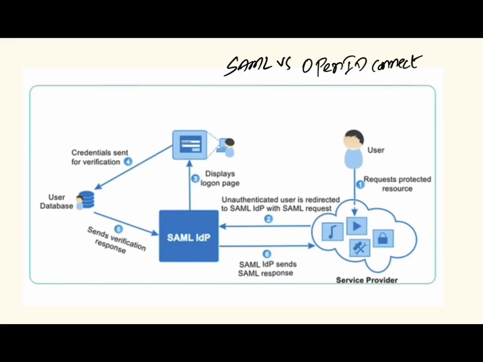So here in this particular diagram, you can see clearly this is a user. The end user, the person, is trying to access an app. These are the apps, and the service provider, the application, or cloud app.